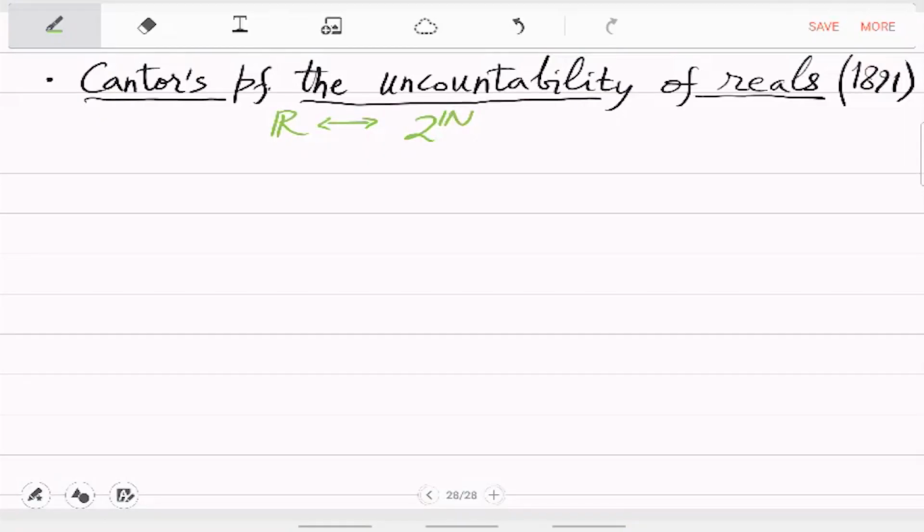And what Cantor showed is that this is strictly bigger than the set of natural numbers. There is no bijection between natural numbers and the set of subsets of natural numbers. So reals are strictly bigger than natural numbers.